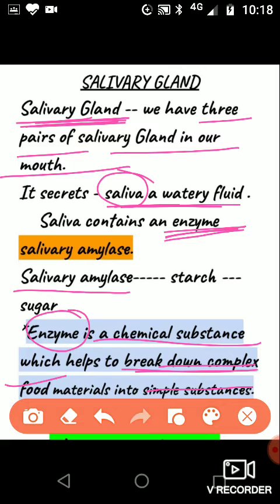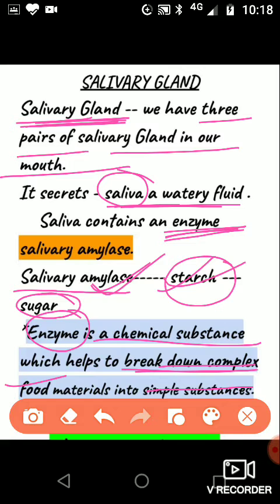That salivary amylase acts on starch and converts that starch into sugar. So when the starch comes in contact with salivary amylase, the amylase acts on starch and converts it into sugar.